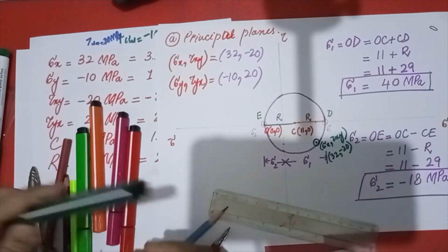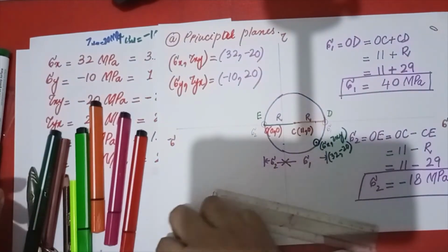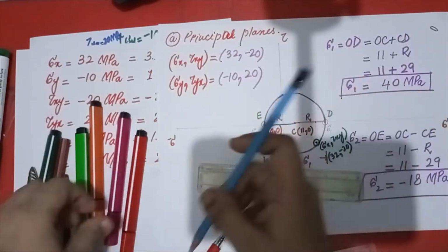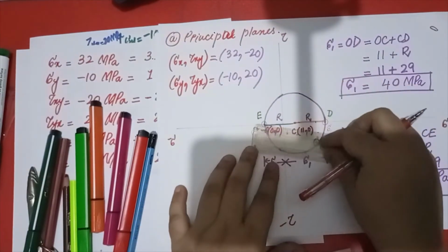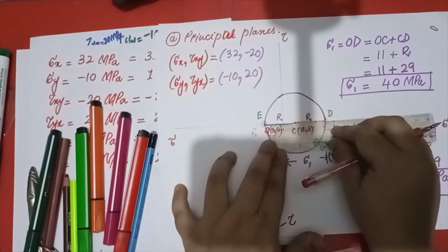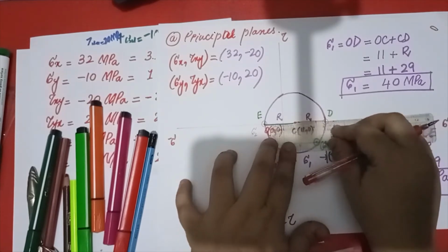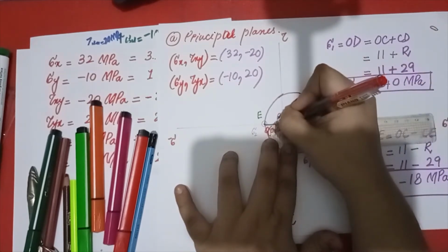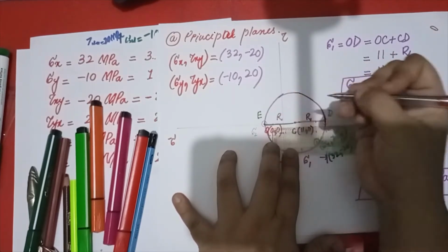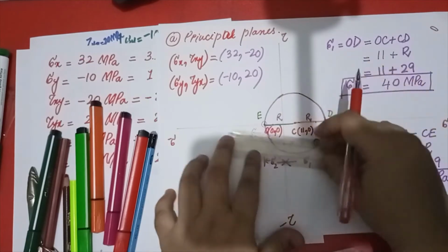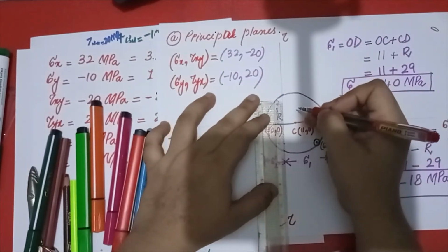Now the next coordinate is what? I am drawing with a pencil. Sigma y is minus 10, so let me take it as 1 centimeter. And the next is 2 centimeter on the positive side.